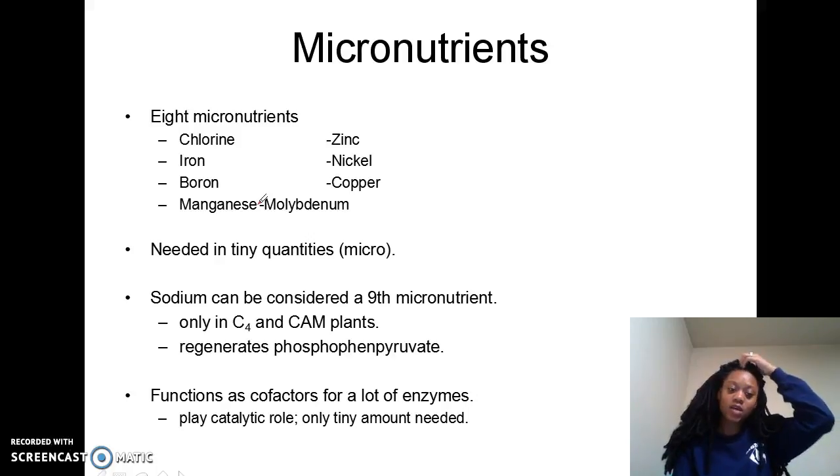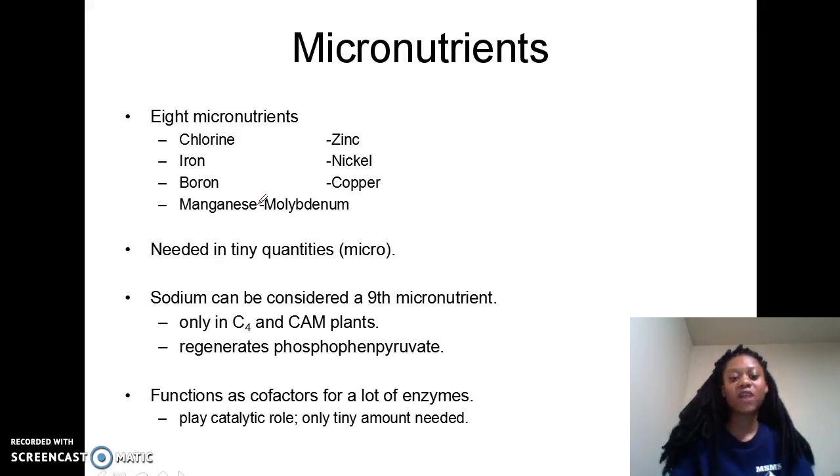And this is because sodium regenerates phosphoenolpyruvate, and this is used as a CO2 acceptor in their pathways. Micronutrients function as cofactors for a lot of enzymes, and because of this, they play a catalytic role. This is why they're only needed in tiny amounts rather than being needed in large amounts.